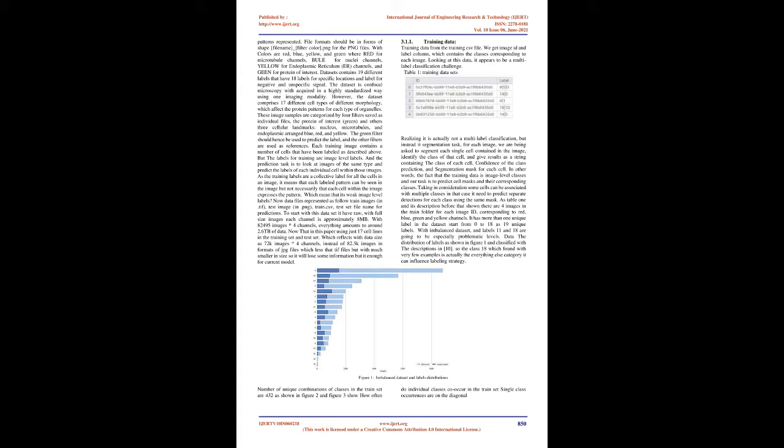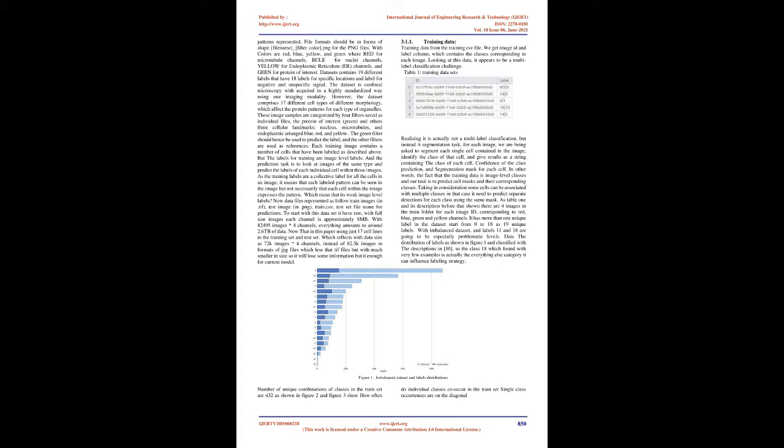Now the data files are represented as follows: train images in .tif, test images in .png, train.csv, and a test set file name for predictions. To start with, this dataset has raw, full-size images. Each channel is approximately 8 MB. With 82,495 images times 4 channels, everything amounts to around 2.6 TB of data.